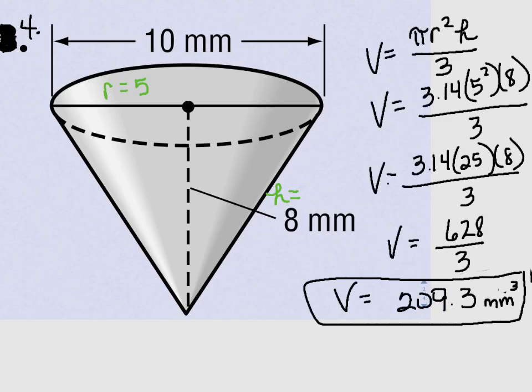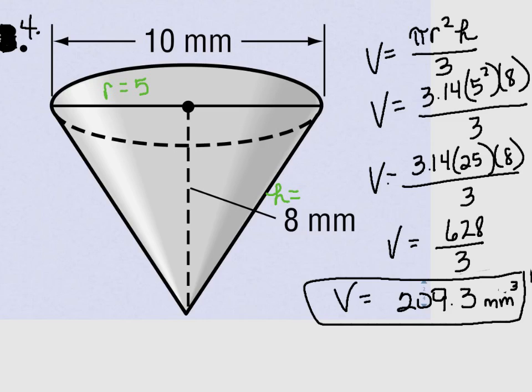The volume of this cone is 209.3 millimeters cubed. Please notice that in this figure, they don't give us the radius of the base. They give us the diameter, so we need to cut that in half to find the radius. So the radius is 5, and the height is 8.